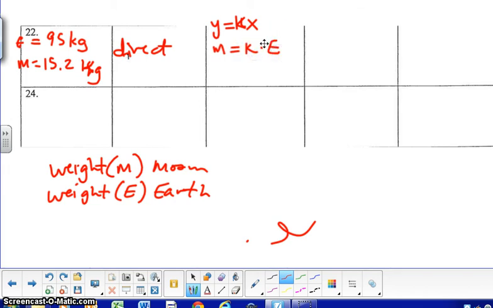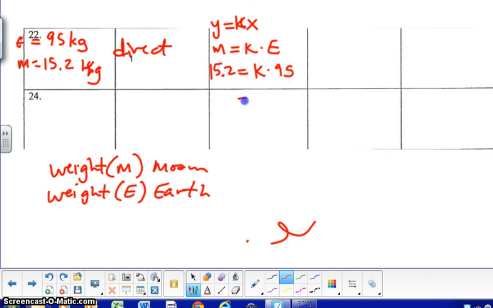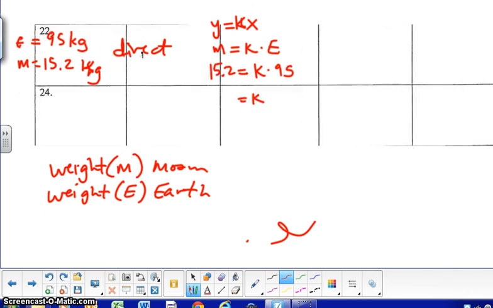Moon varies directly as the weight on the Earth. So we're going to plug this information in. 15.2 equals k times 95. If you do the math, k ends up equaling 0.16. So the equation that we're going to need is m equals 0.16 times e.